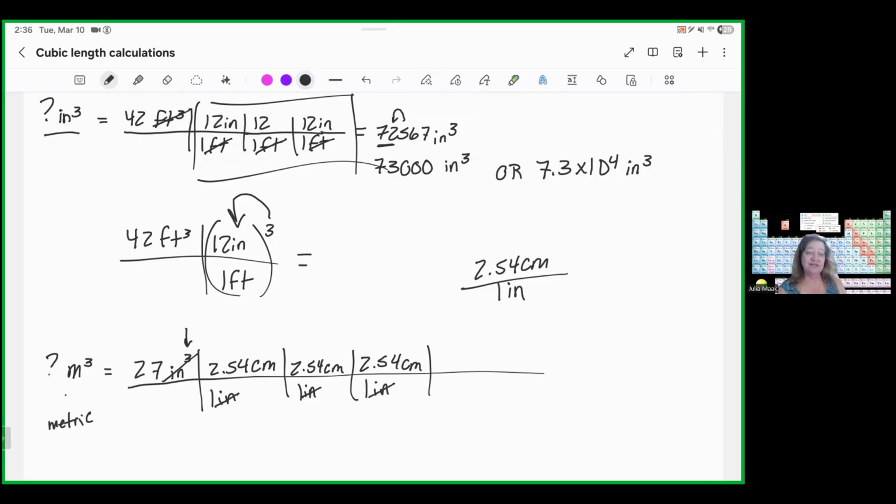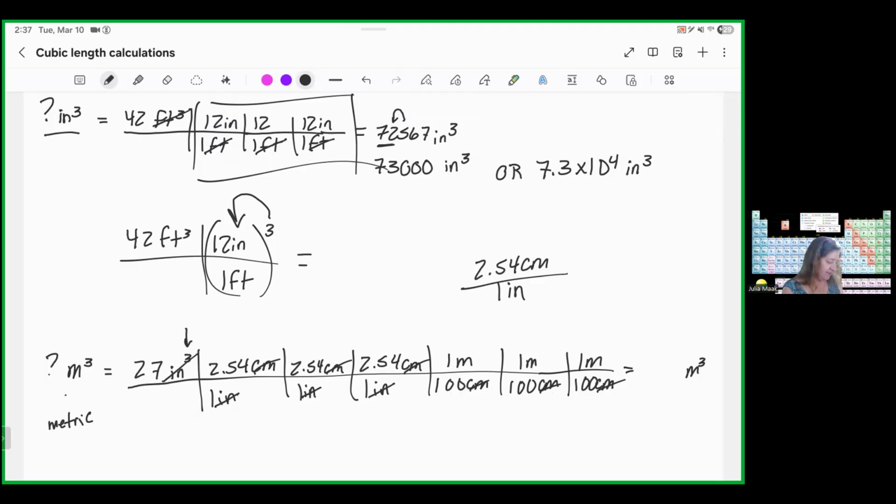Now I'm going to turn centimeters into meters, and we know there's 100 centimeters in 1 meter, but we need 3 of those to cancel all 3 of the centimeter units. So 1 meter, 100 centimeters, 1 meter, 100 centimeters. Those 3 centimeter units cancel with those 3 centimeter units, and we are at cubic meters.